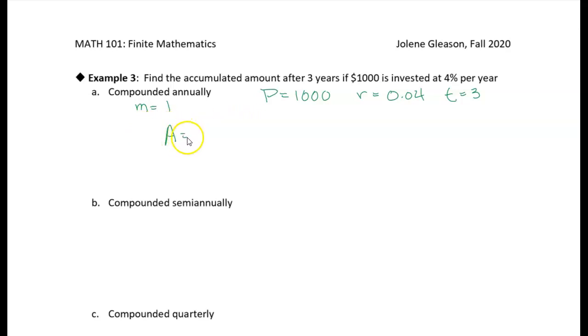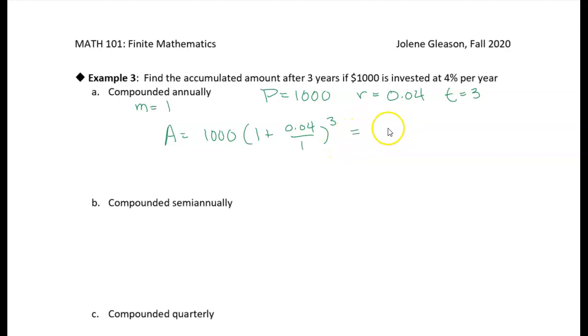The accumulated amount is the principal times 1 plus 0.04 over m, which is just 1, to the power 1 times 3. So there's a total of 3 conversion periods over the 3 years because it's compounded annually.